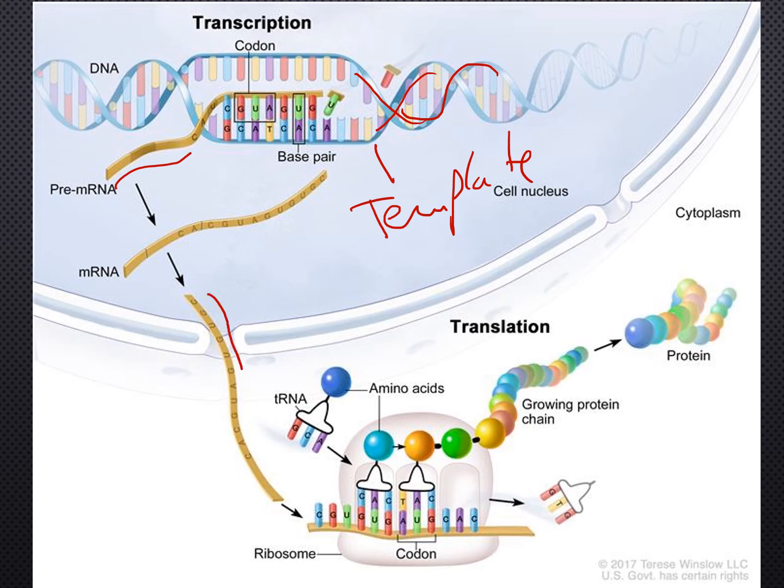The mRNA, now completed, leaves the nucleus and associates with a small ribosomal unit, the large ribosomal subunit, and then these tRNAs show up, each bringing with them a single amino acid that is specific to their codon or their anticodon as well, and a polypeptide is synthesized.